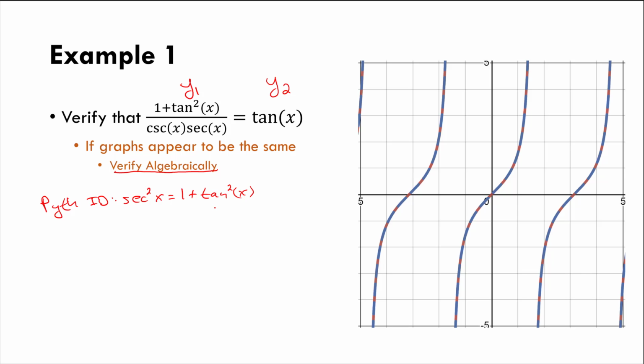We know that from our Pythagorean identity, so I can rewrite the numerator of the left-hand side of my equation as secant squared x, over cosecant of x times secant of x. So I'll have the secant in my denominator and one of the secants in my numerator cancel out, and I'm going to be left with secant of x over cosecant of x.